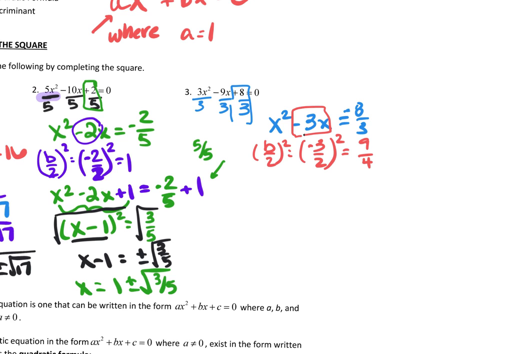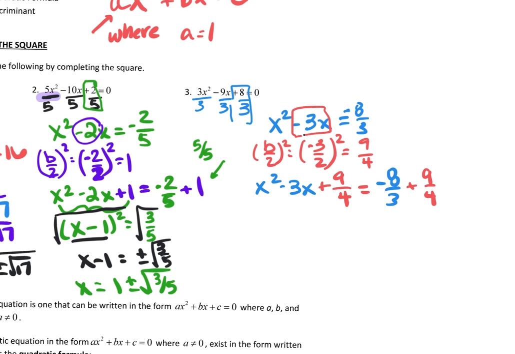So when I do this, I'm going to get x squared minus 3x plus 9 over 4 equals negative 8/3 plus 9 over 4.